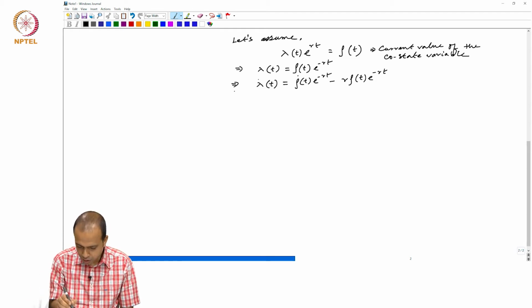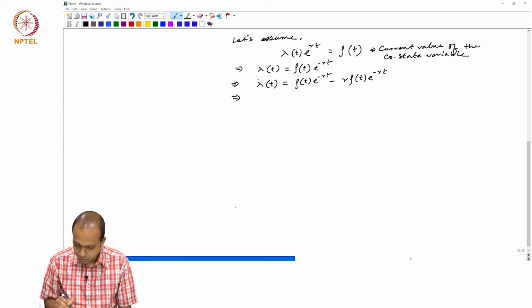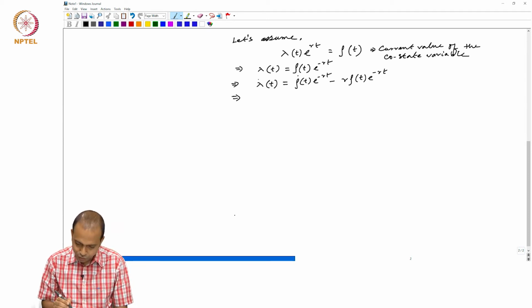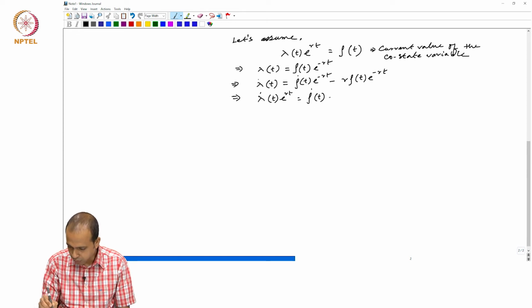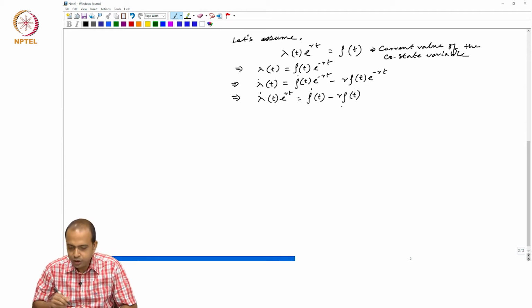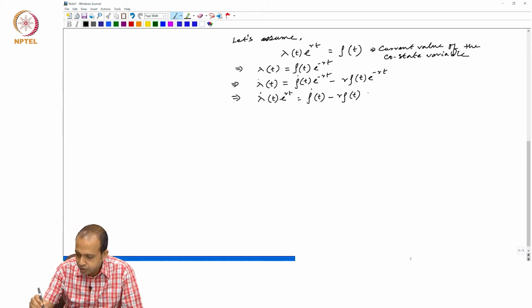Okay. Now, if you multiply both sides by e to the power r t, then what you will get, lambda dot t into e to the power r t equals to rho dot t minus r into rho t. Okay. How we are getting it?